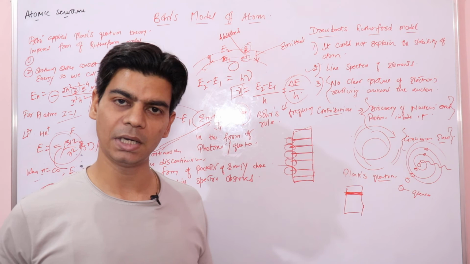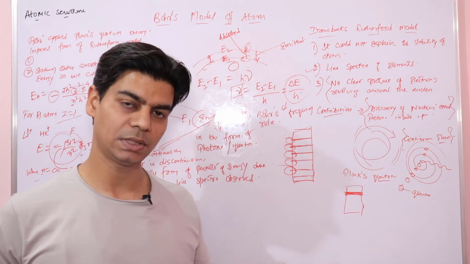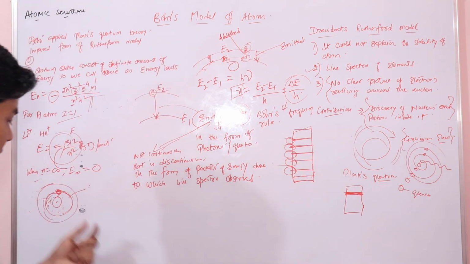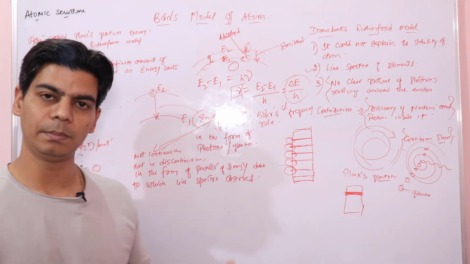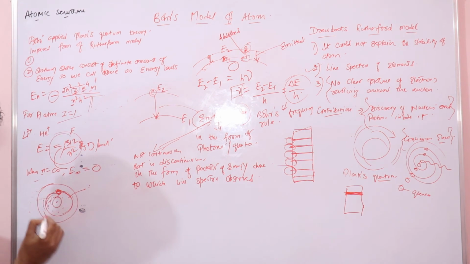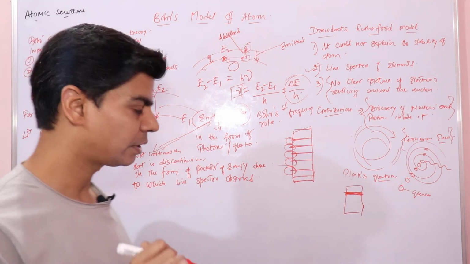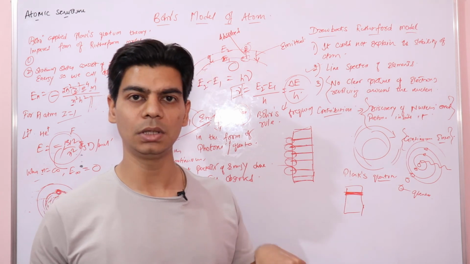Since it is not radiating energy, it will not fall into the nucleus, and since it does not have any orbit below it, it will not fall into any orbit below it.